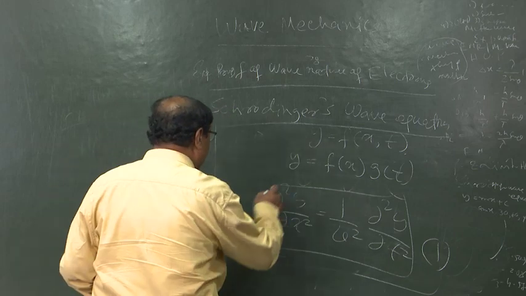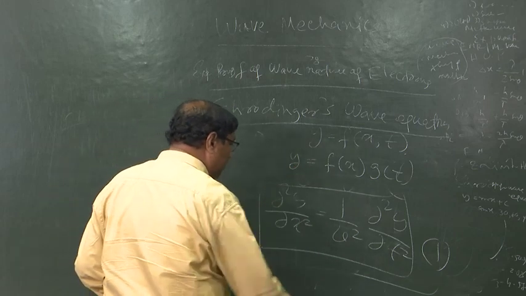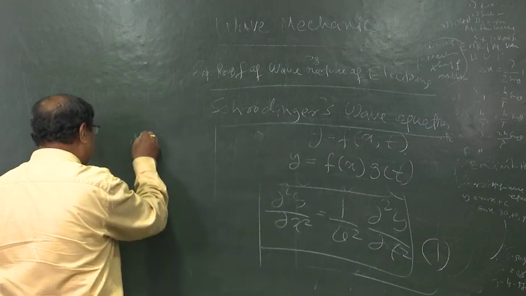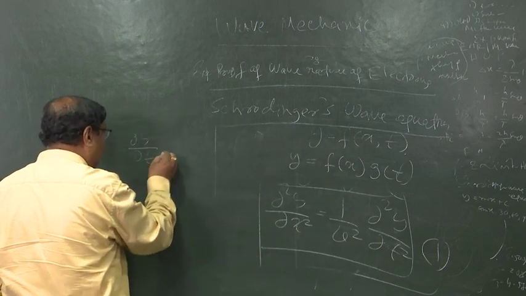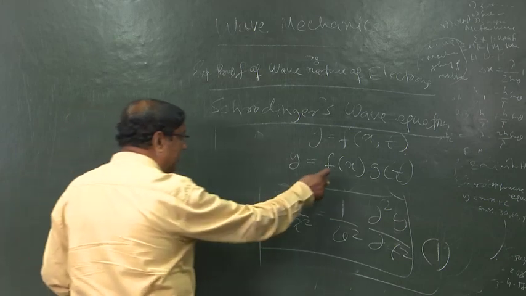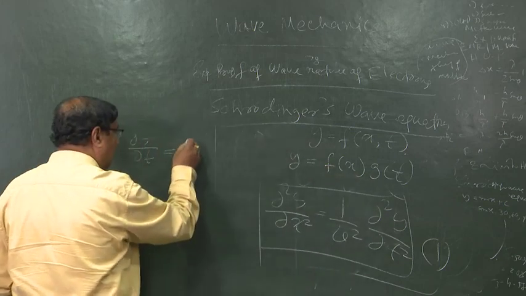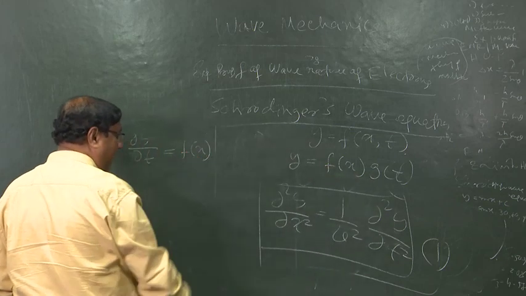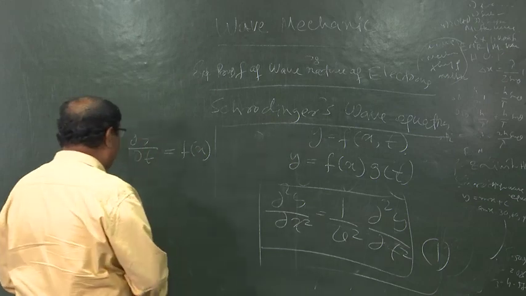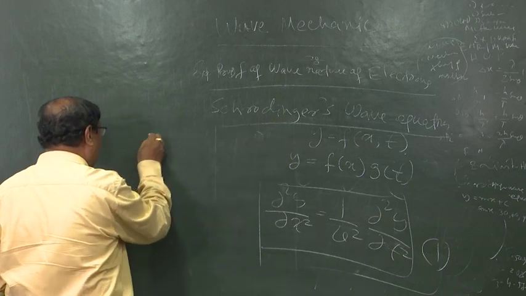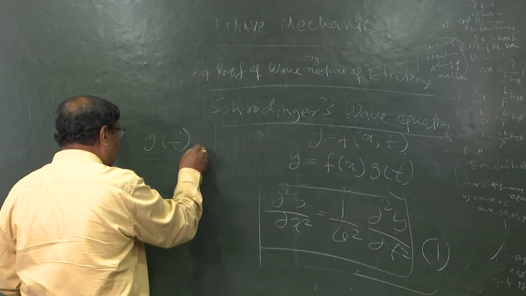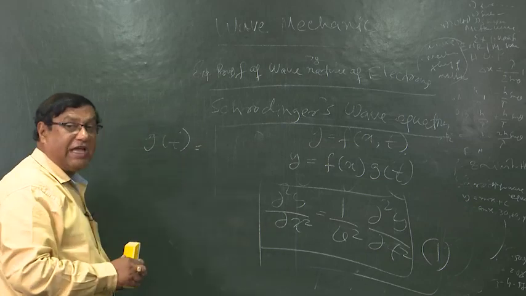Now let us differentiate this with respect to t. If you differentiate y, what will happen? f(x) is independent of t, so we will keep f(x). But prior to that, what is the expression for the function of t? g(t) is a sine function.